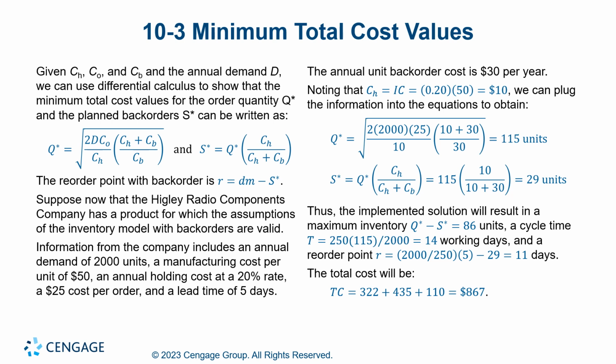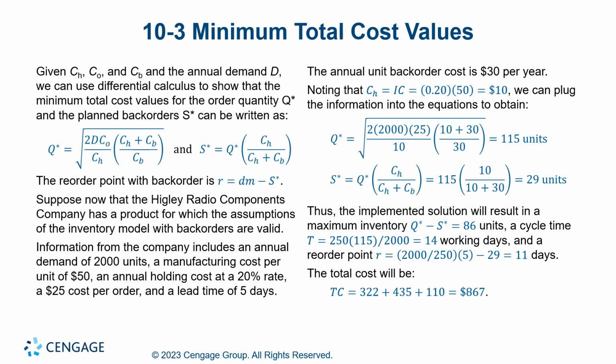So we have 115 divided by 2000 times 250, which is 14 working days. And the reorder point is DM minus S, where D is 2000 divided by 250, times M, and then minus 29, we get 11.